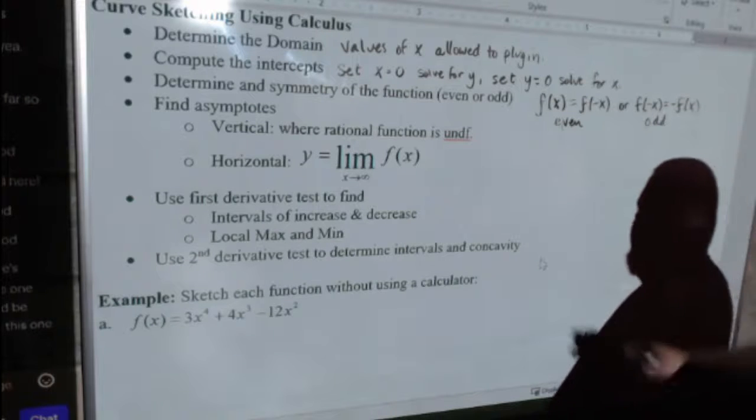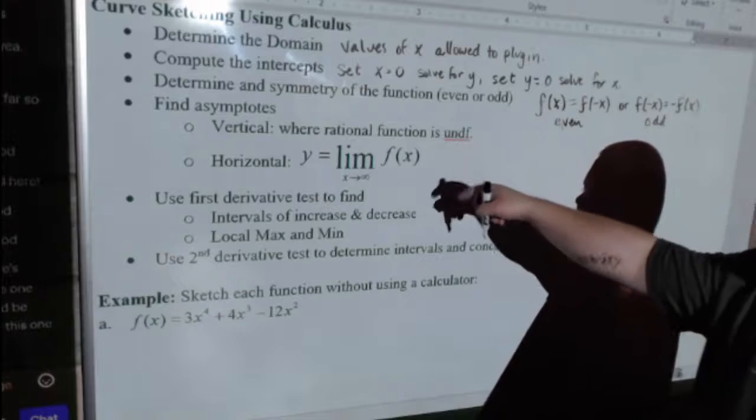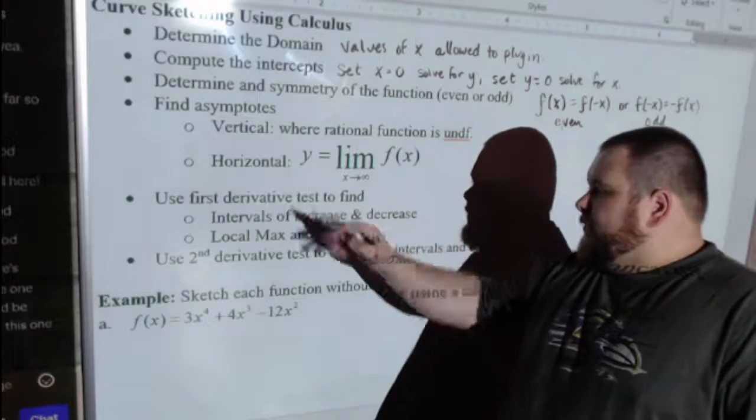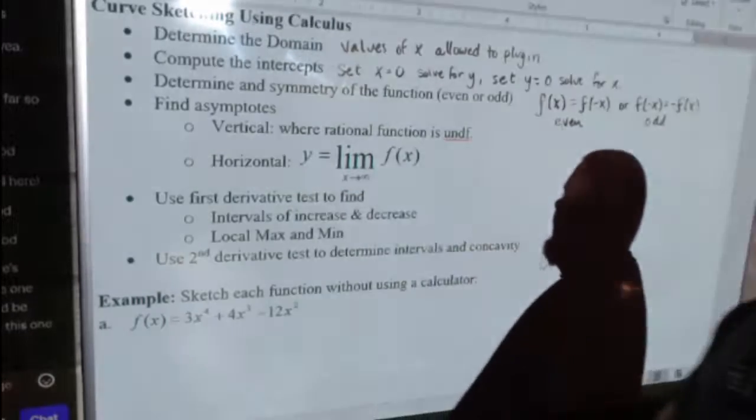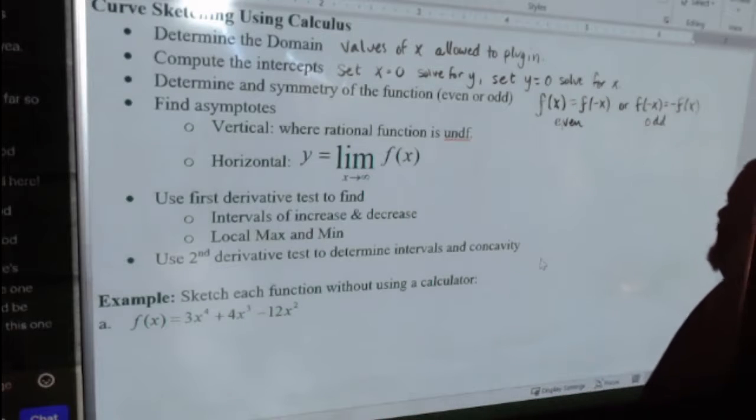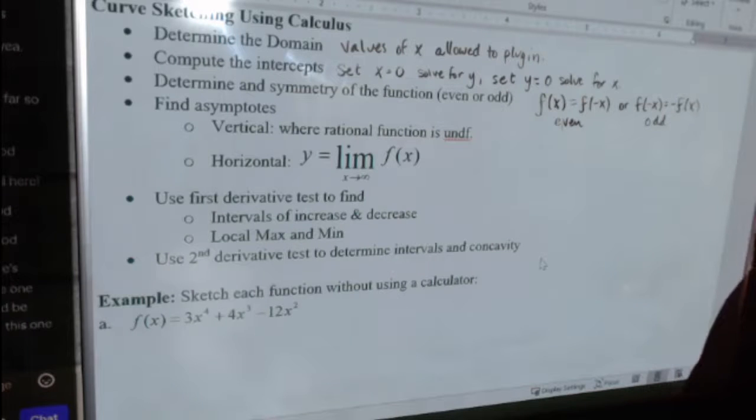So if it's a rational function and it's undefined, that's where we find the vertical ones. Horizontal ones we can find with the limit as x approaches infinity. Then we can use first derivative test to find intervals of increasing and decreasing. We can also find the local max and mins, and then use the second derivative test to determine where it is concave up and concave down. And with all of that information, we can sketch the curve.